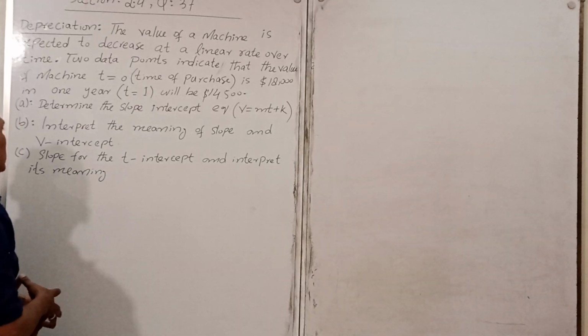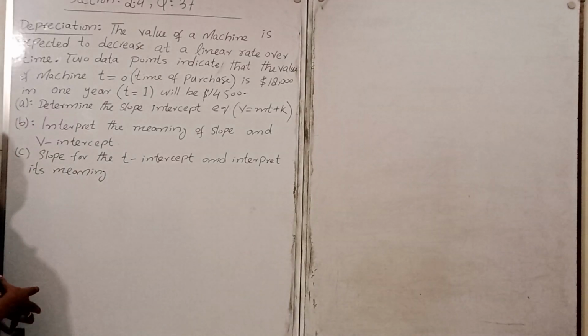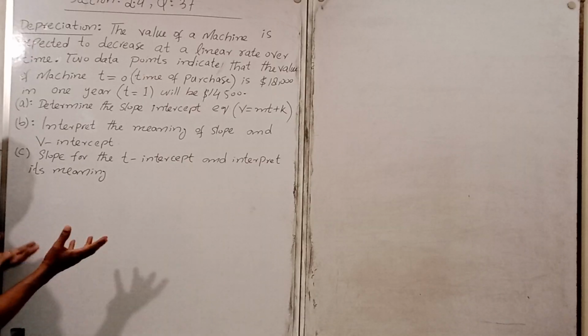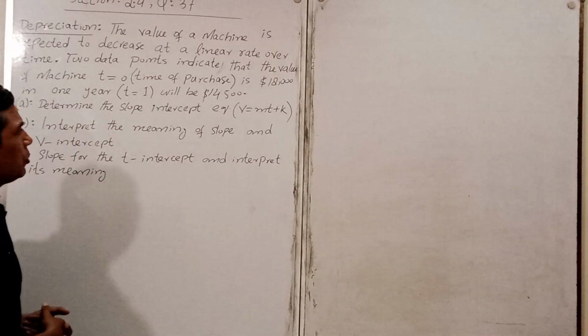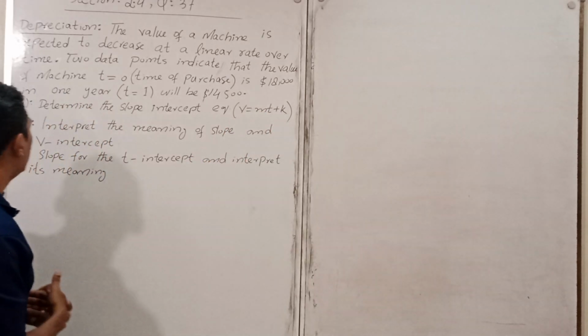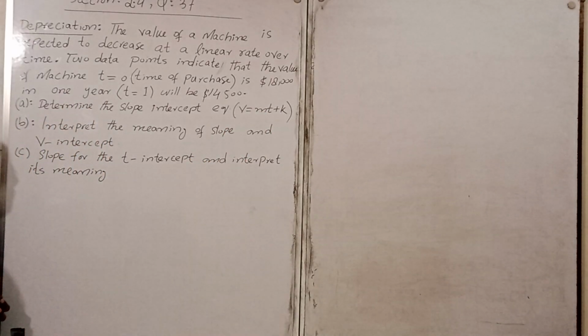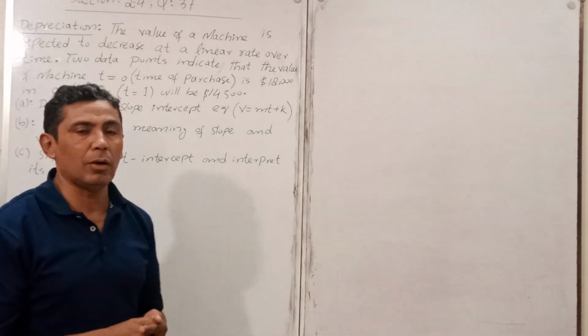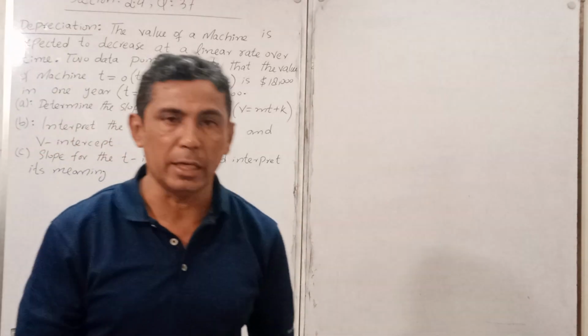The second part of this question: interpret the meaning of slope and v intercept. I have already explained this. This is the slope and this one is your v intercept, and you also have to find the slope for the t intercept and interpret its meaning.